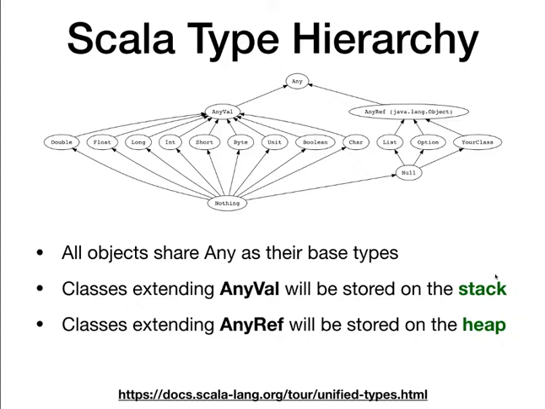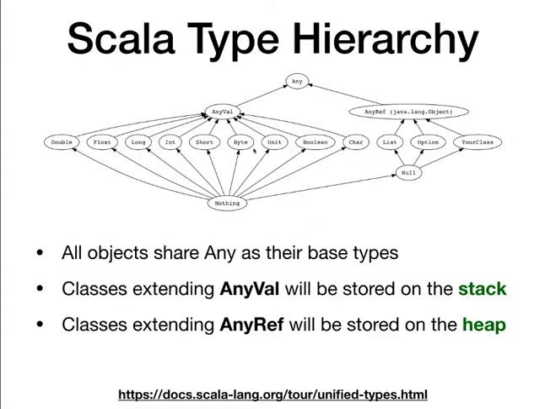AnyVal, and this is everything that extends AnyVal: Double, Float, Long, Int, Short, Byte, Unit, Boolean, and Char, which mirror the primitive values in Java. All these AnyVals are going to be compiled down to primitives in Java. They're going to end up being on the stack.